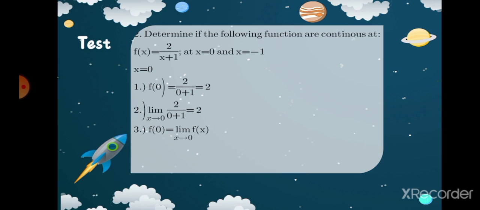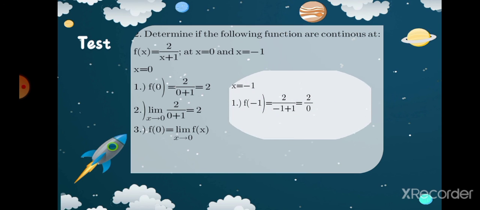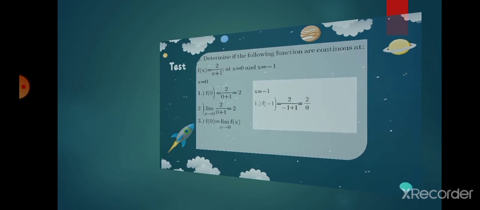In number 3, in conclusion, f of c is equal to the limit of f of x as x approaches 0 because they have the same value. So our function 2 over x plus 1 is continuous. So that's all, and thank you.